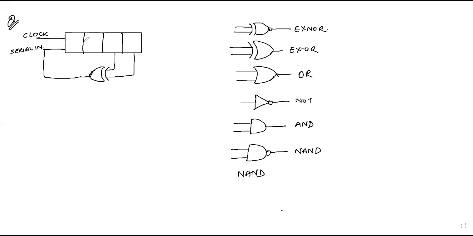Okay, so in this question there is a register with two inputs. The first one is the clock and the second one is the serial in, and the initial contents of this register are given as 0, 1, 1, 0.